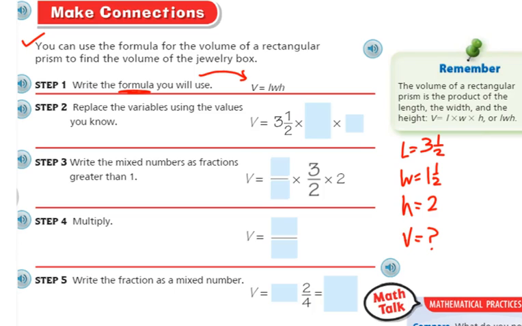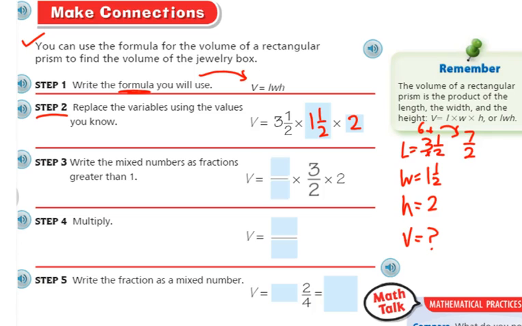And we are now going to substitute those values into our formula. So we have V equals, right now I'm on my step 2, V equals 3.5 times 1.5 times 2. And then down below, since I'm dealing with mixed numbers, we have to do our times-to-add business. So this 3.5 becomes 3 times 2 is 6, plus 1, 7 halves.